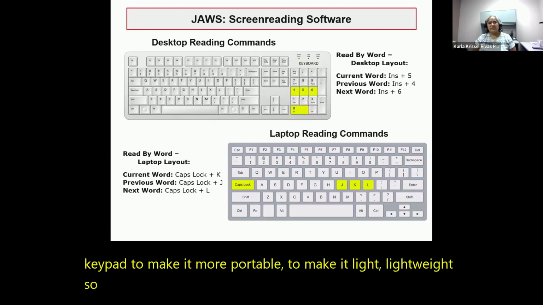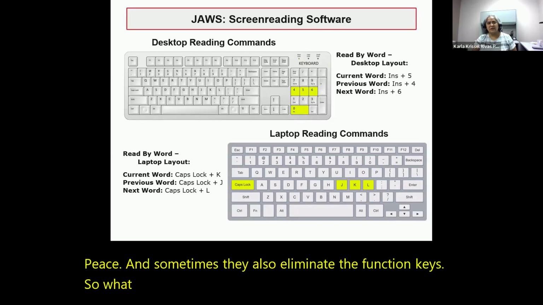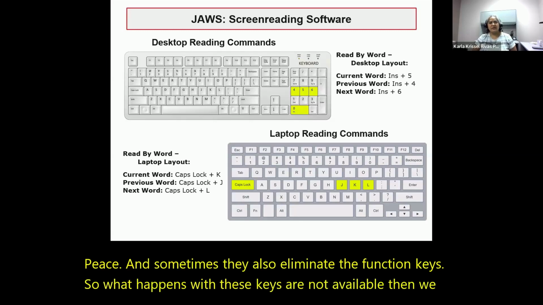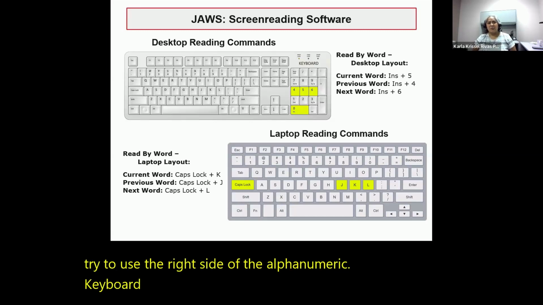So they assume we don't need those keys, and sometimes they also eliminate the function keys. So what happens when these keys are not available? Then we try to use the right side of the alphanumeric keyboard as a way to simulate the numeric keypad.